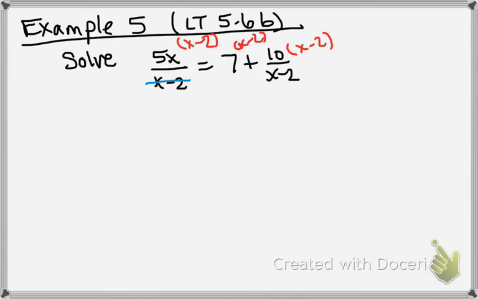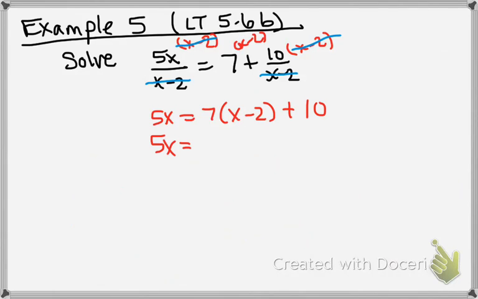So now I'm going to cancel, so the first ones cancel. Nothing cancels in my second term, and then in the third term the x minus 2 is also going to cancel. So then what I have left is just 5x equals 7 times the quantity x minus 2, not equals, plus the 10. So now distribute the 7.